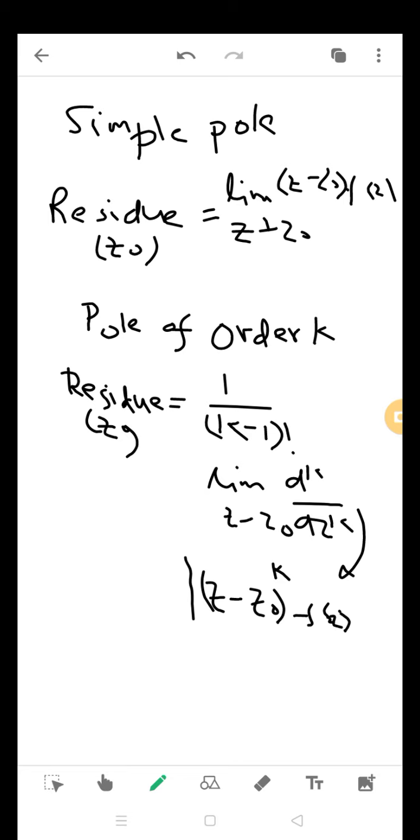So this is the expression of the residue.